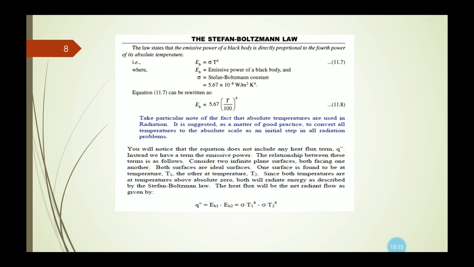The heat flux will be the net radiant flow, and the formula for this heat flux in radiation is Eb1 minus Eb2, the difference of the emissive powers of the two surfaces. That means sigma T1⁴ minus sigma T2⁴. So this is the relation of heat flux and emissive power in the radiation mode of heat transfer.